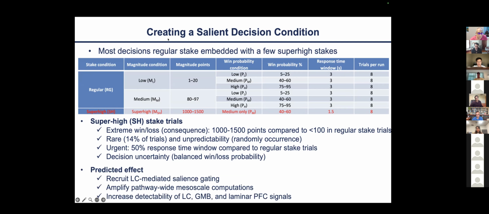The purpose is that the super high stake silent decision can recruit LC-mediated silence gating, so we can activate this LC gating and amplify the pathway-wide mesoscale computation, increasing detectability.